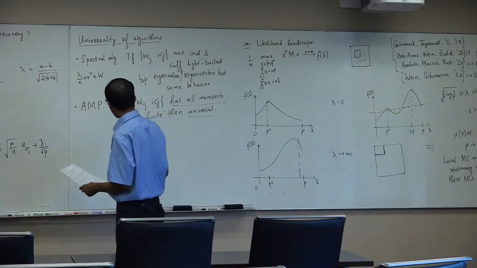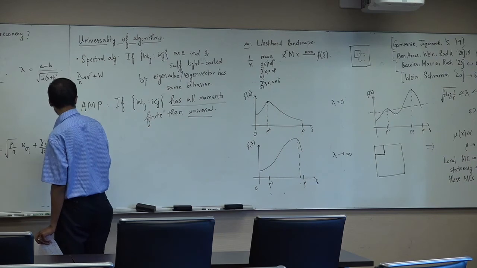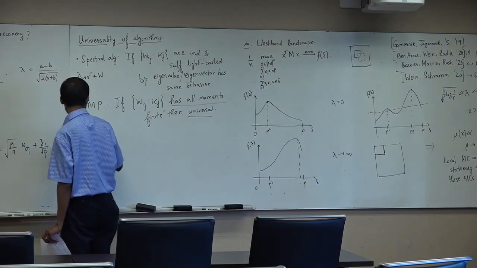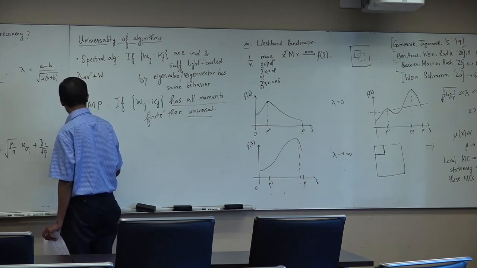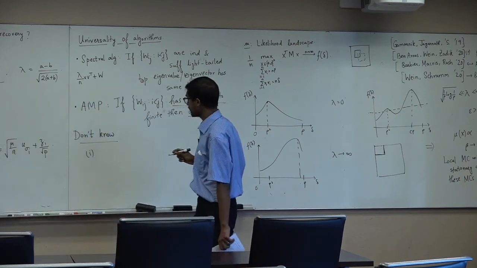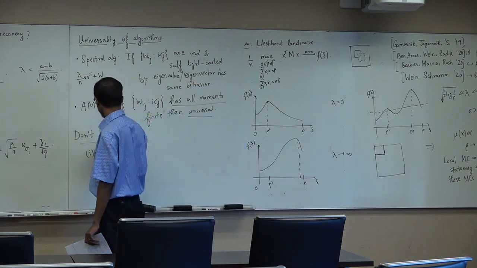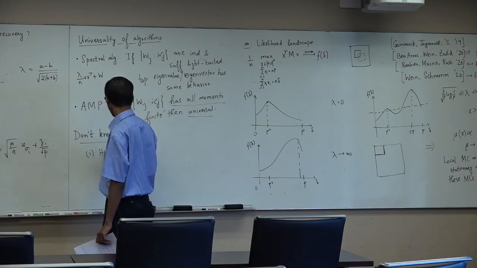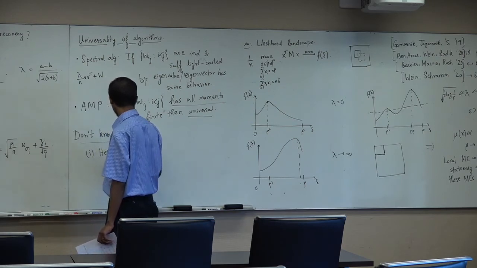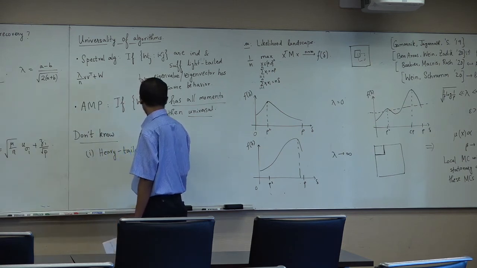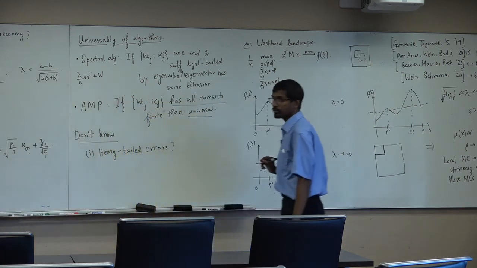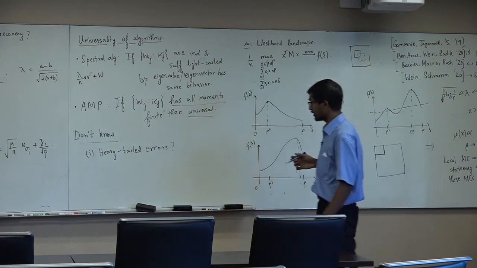Things that we don't know, I think, here. I think in the context of spectral algorithms, what happens if the errors are heavy-tailed? Okay, so we don't quite know much there.